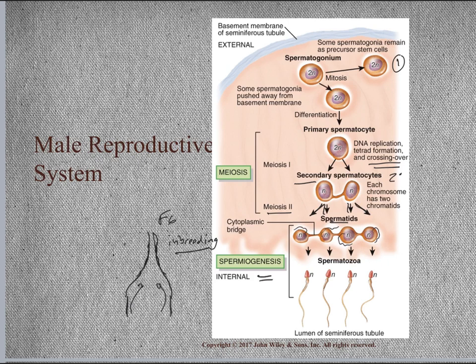The all-encompassing process is called spermatogenesis, and where we're allowing for the physical maturation of sperm into what we typically think sperm looks like is the process of spermiogenesis. And again, this is occurring internally. So we differentiate and we start forming some of our structures that are typical with a mature sperm. And we'll talk about what these structures are in a little bit.